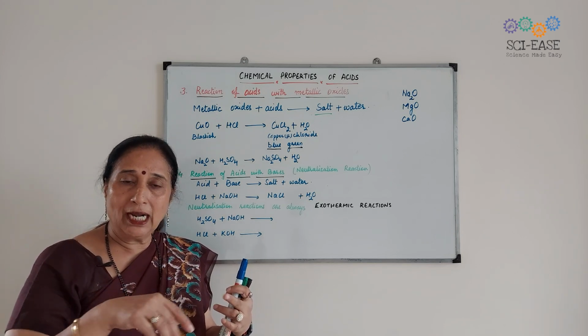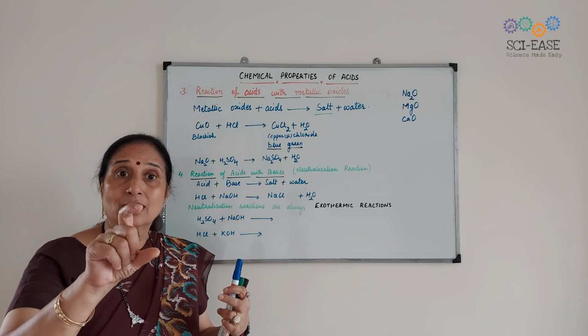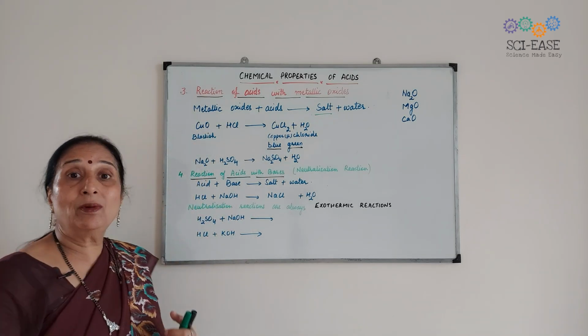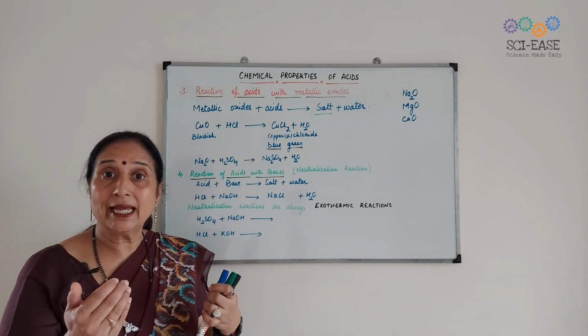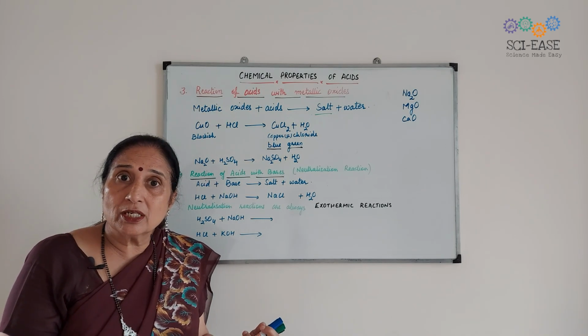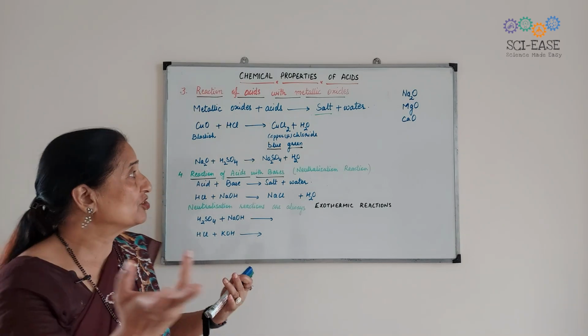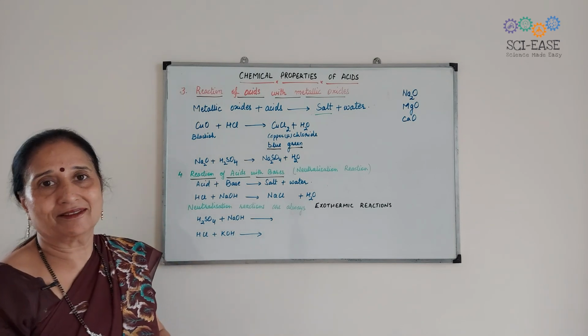CuO will dissolve and react with HCl. The color of copper oxide is blackish. When it reacts with acid, what will you observe? You will see that the color of the solution has changed from blackish to blue-green.